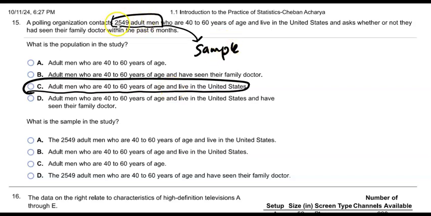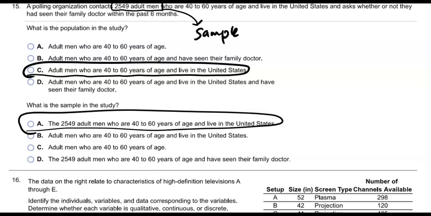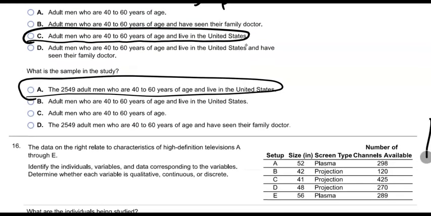The sample is 2,549 adult men who are 40 to 60 years old and live in the United States. Let's see the answer choices, so that's the population and sample. So this is question number 15.